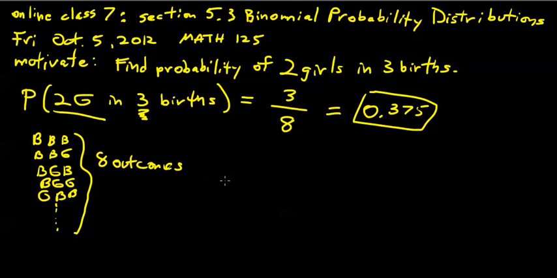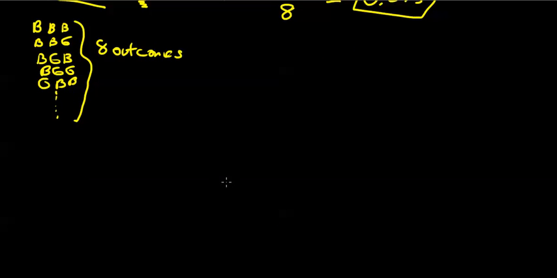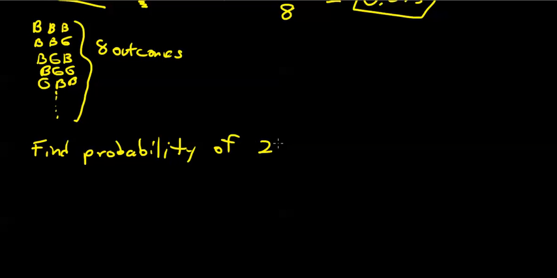What if I was to ask you this question? Find the probability of 20 girls in 30 births.